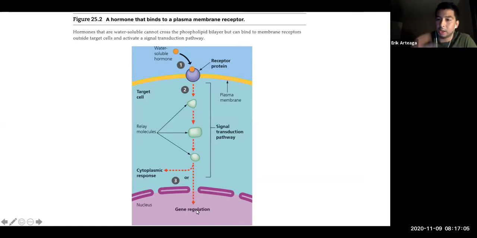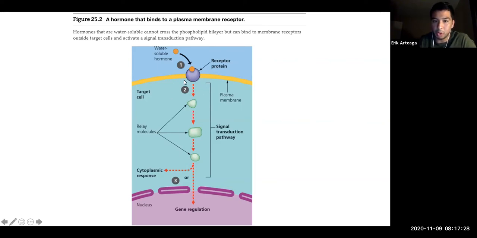So remember, DNA, RNA to protein, and you can stop that either through a protein that's going to bind to the DNA, or an inhibitor. Or you can have an activator as well. So you can have the genes upregulated, so upregulation of the mRNAs into proteins, or downregulation, where you have an inhibitor which is going to prevent that. This all can be induced by the hormone through this receptor protein.